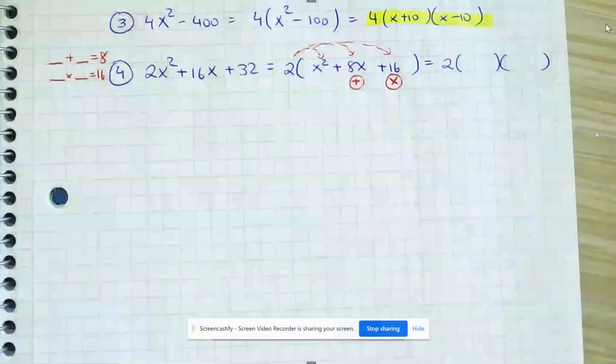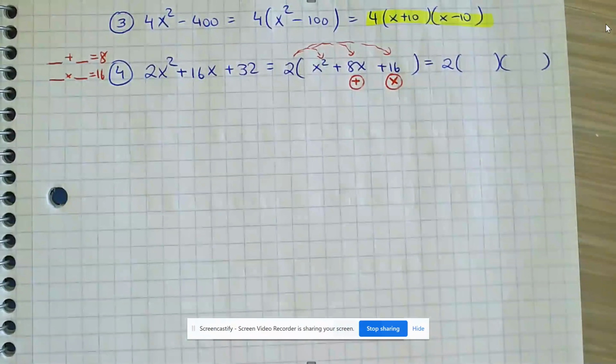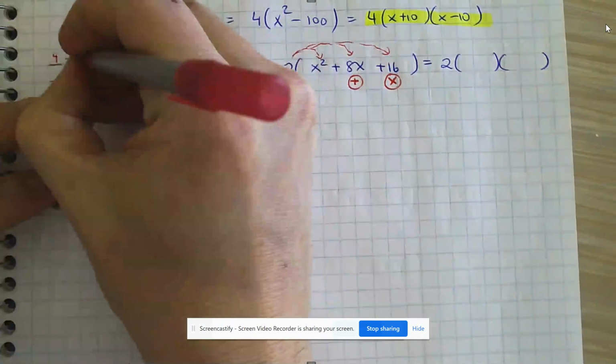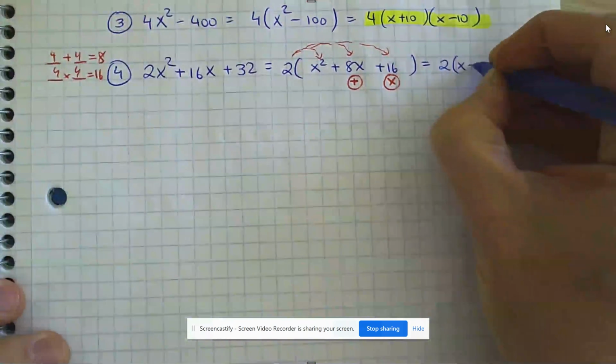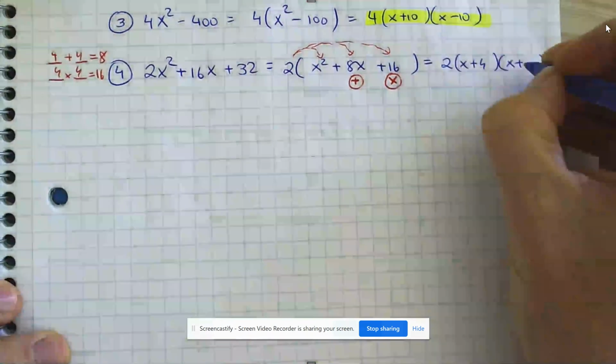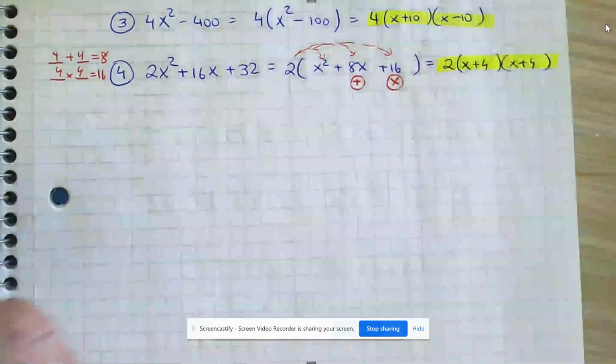So now your brain needs to think, what are the 2 numbers that add up to 8 and at the same time multiply out to 16. What are they? 4 and? 4 and 4, right. So 4 and 4, which tells you that this is going to factor into 2 times x plus 4 times x plus 4. And that will be your final answer on that guy.